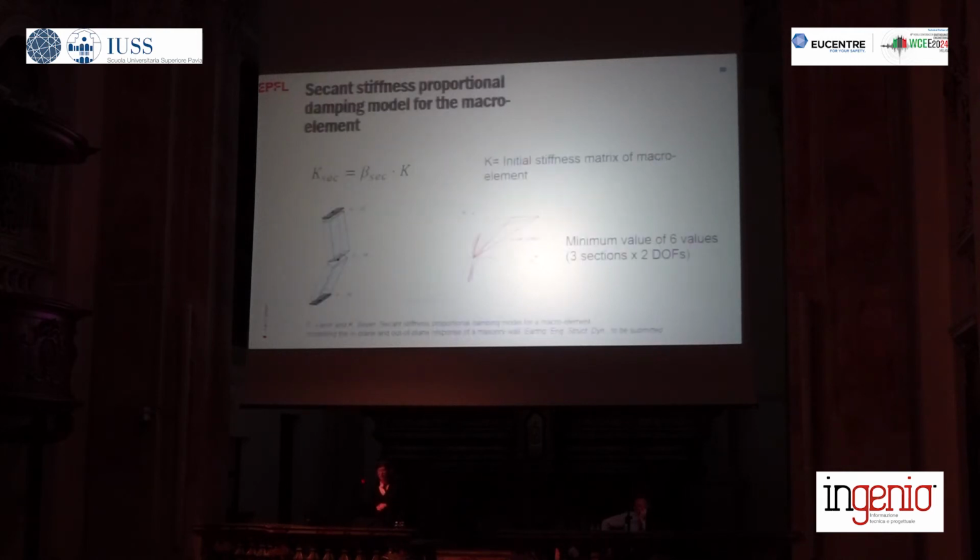So what Francesco also did, he developed a second stiffness proportional damping model, where the second stiffness is basically the initial stiffness reduced by a factor, B second, and that B second is calculated as the ratio of the second stiffness to the initial stiffness for 6 degrees of freedom in our macro element.